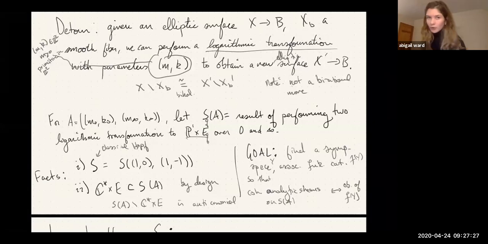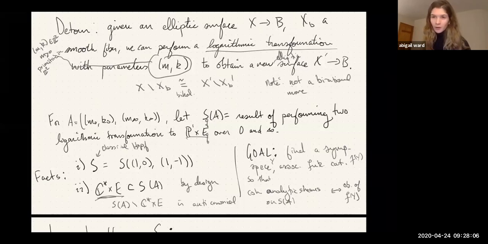Okay, so let me just pause a little bit. What I want to note here is that if you think back to this idea of performing mirror symmetry relative to an entire anti-canonical divisor, this is a fairly natural thing to do, right? Because away from an anti-canonical divisor of all these surfaces, I have this space C star times E, and I can hope to understand mirror symmetry for that space.